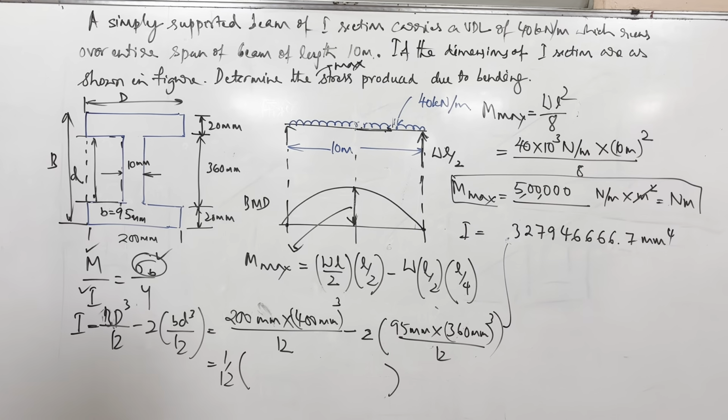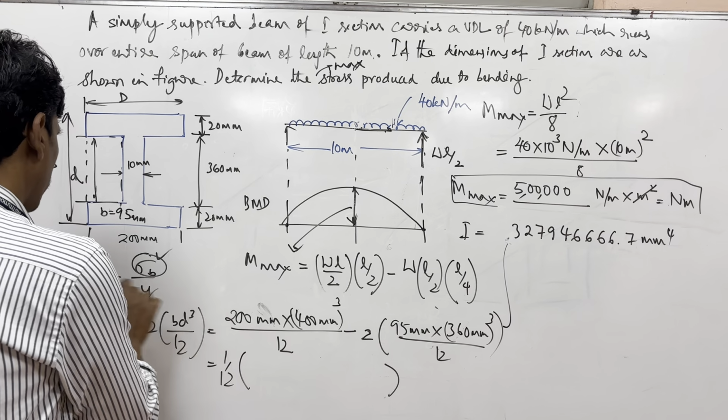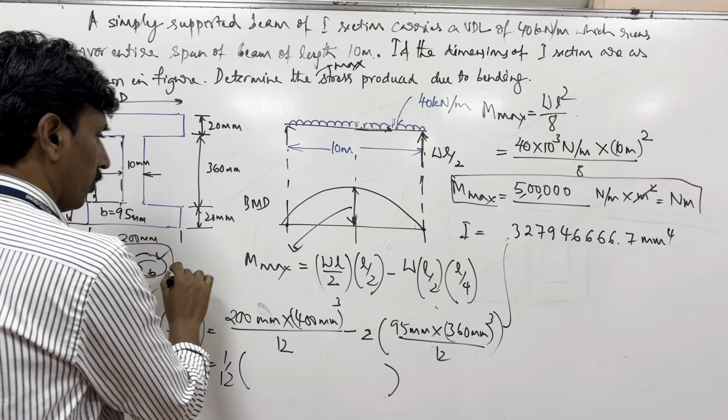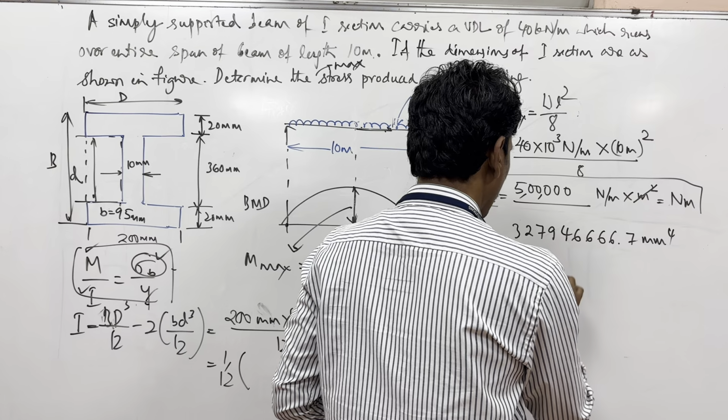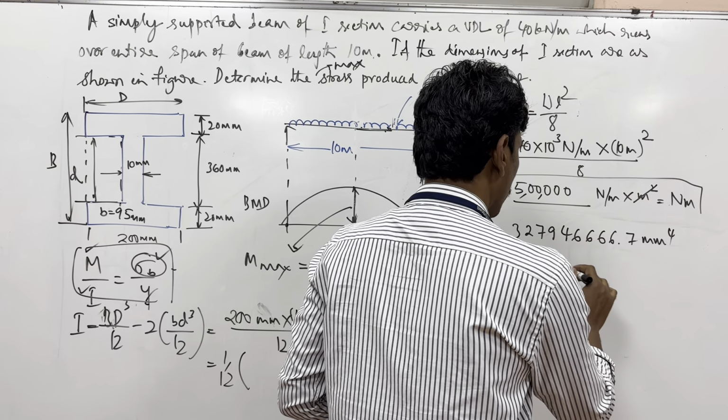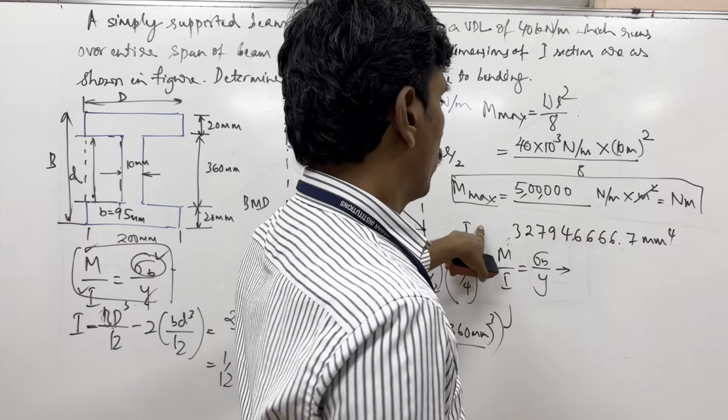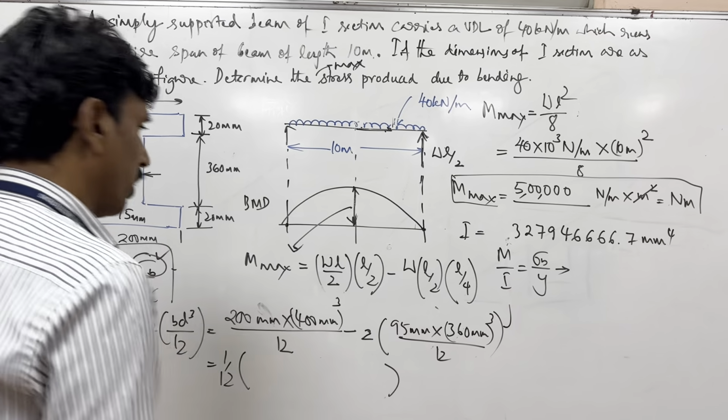So in this formula, M by I is equal to sigma b by y, let us substitute these values.